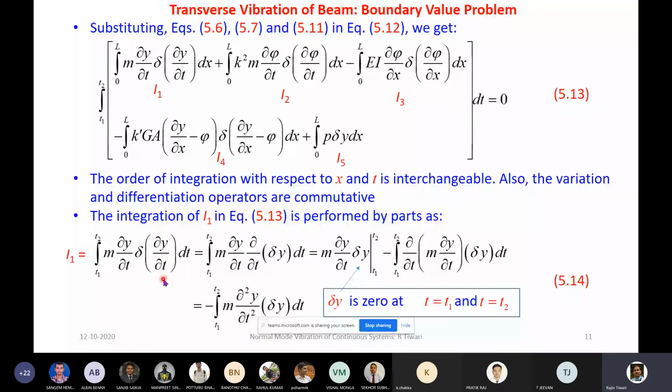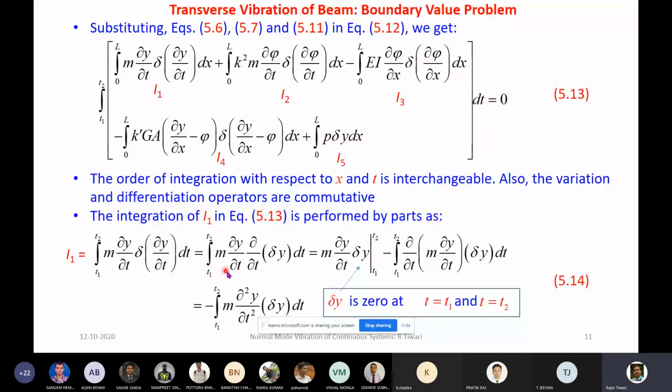This is the first part, y dot is the first part. One step here is interchanging the variation operator and the differential operator. We mentioned earlier that the variational operator is similar in operation to the differential operator, so we can change the order of these. Now this has come out.